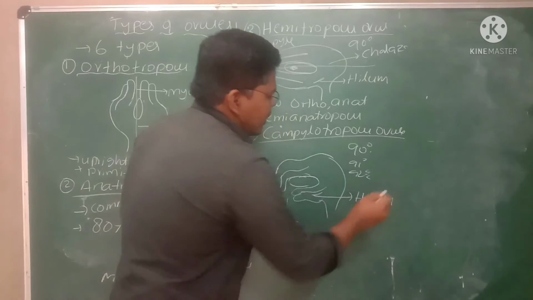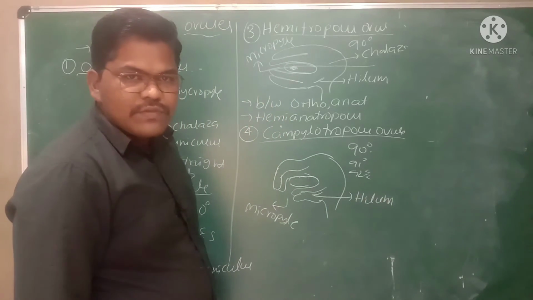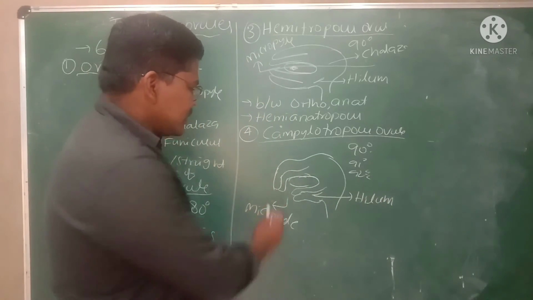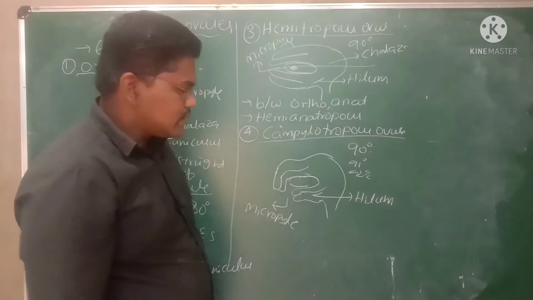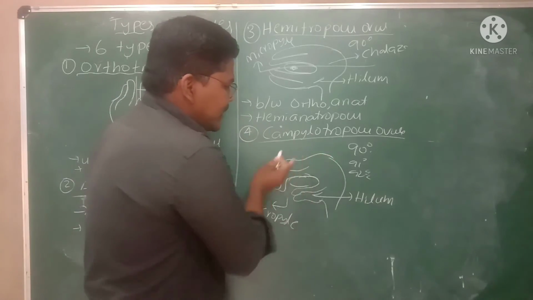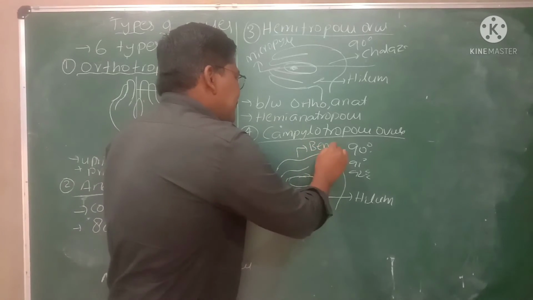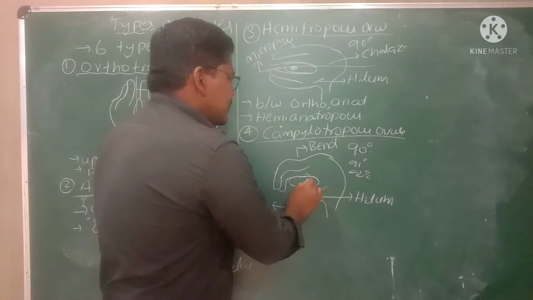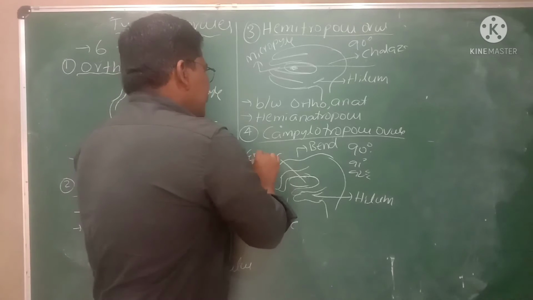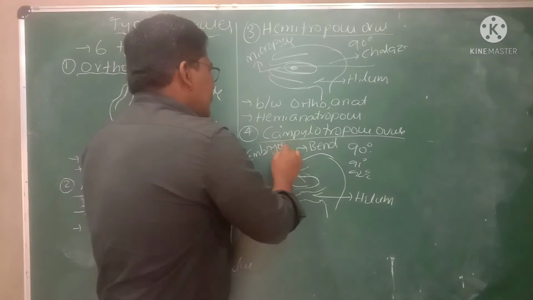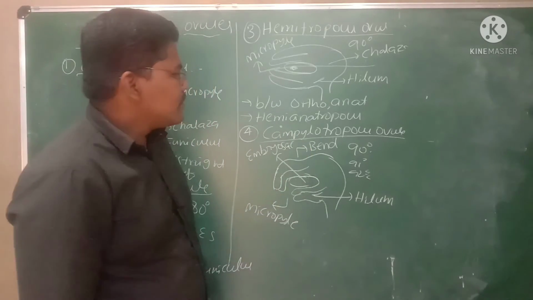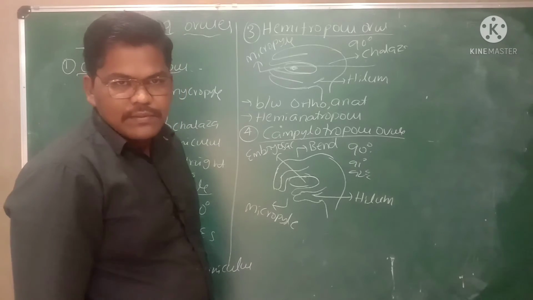Hilum means where the body of ovule is fused with the funiculus. The micropyle turns, and then we can see the ovule bend. But the embryo sac will not bend. That is about the campylotropous ovule.